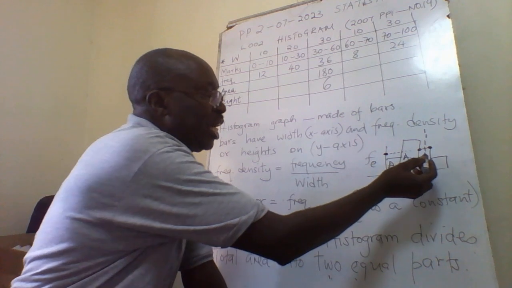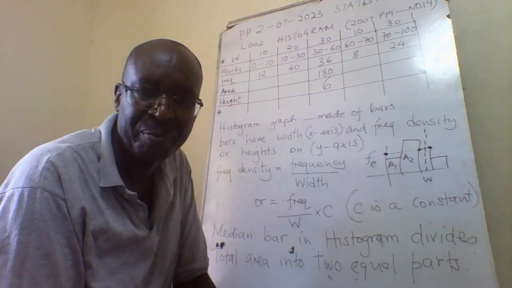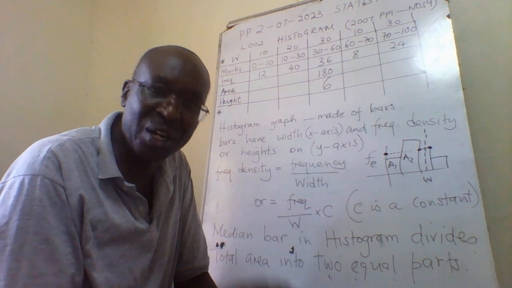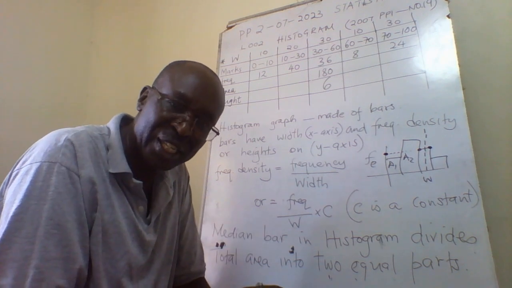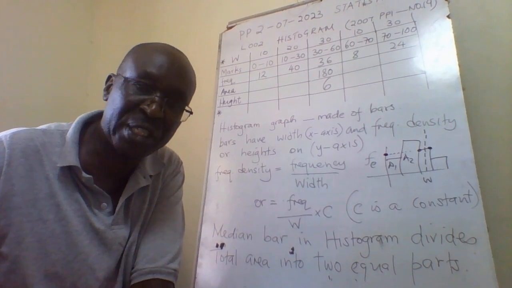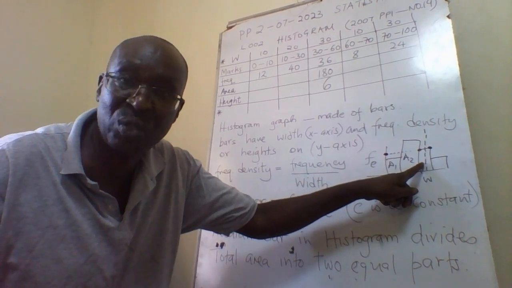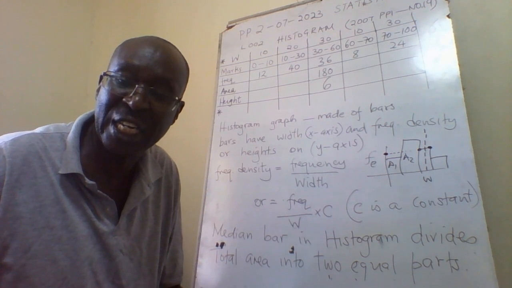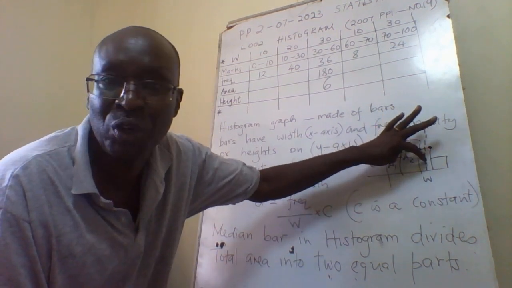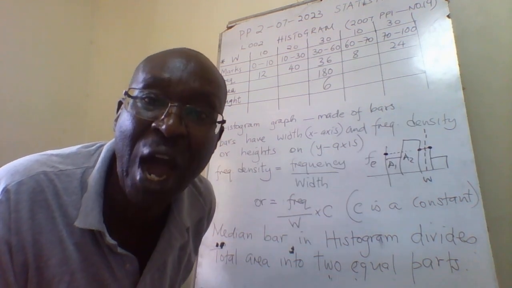If the third area is 150, then you have 390, meaning that we need just a portion of the third bar.